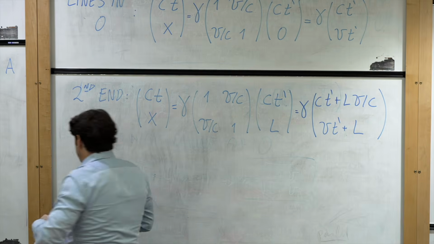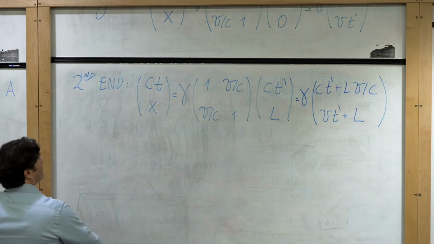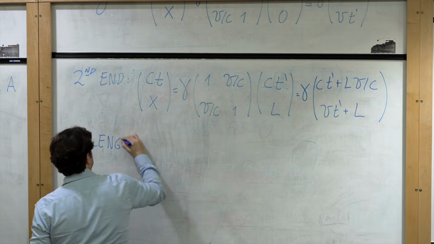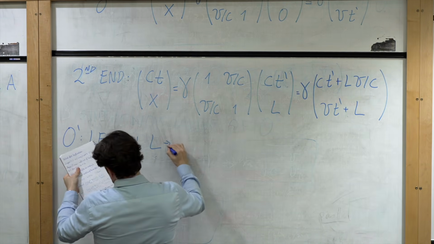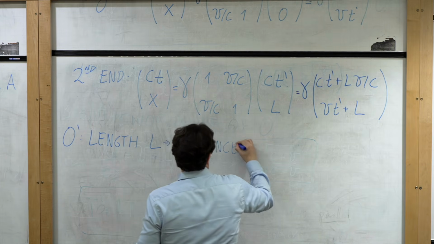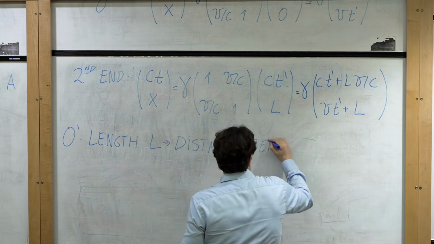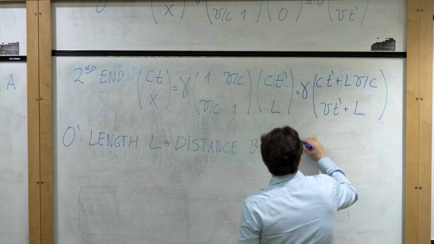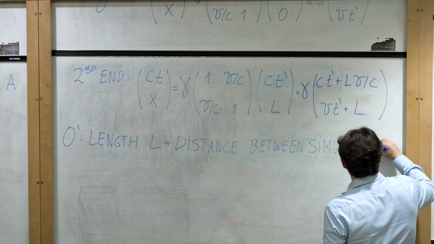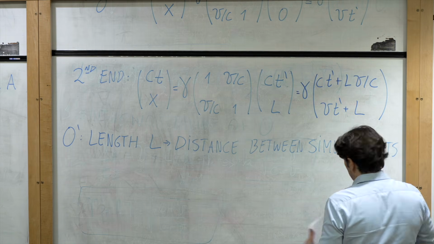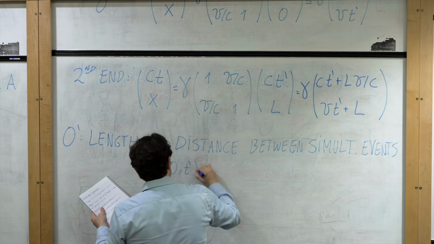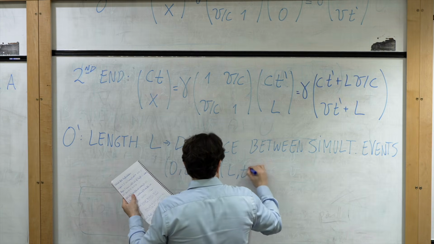But for O prime, the length L is the distance between simultaneous events, let's say (0, t prime) and (L, t prime).